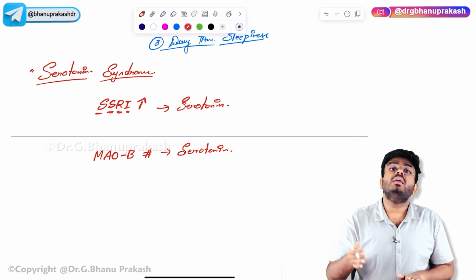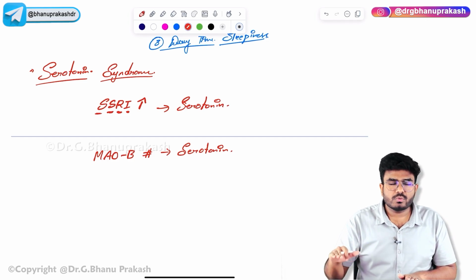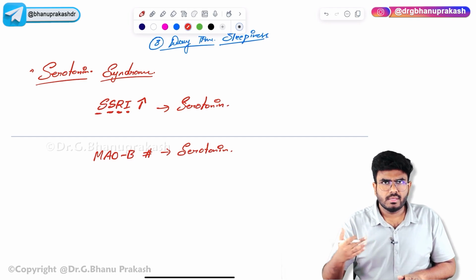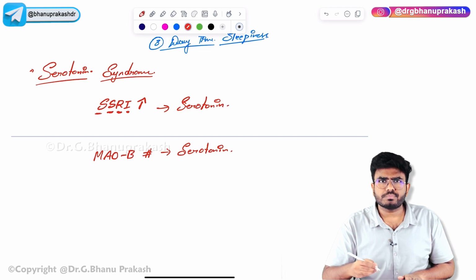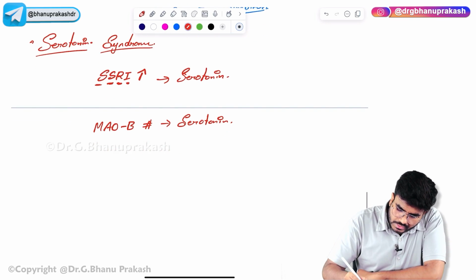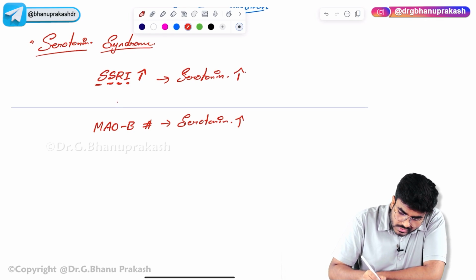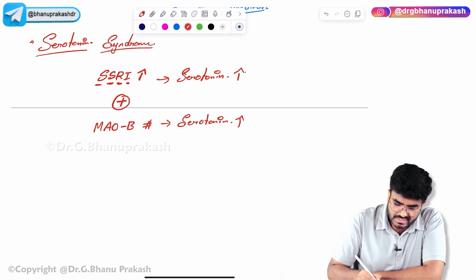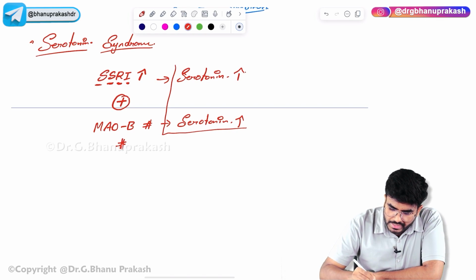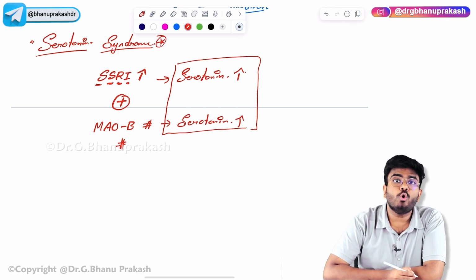But if you inhibit MAO-B, dopamine is going to elevate, no doubt, but serotonin will also be elevated. Serotonin is also a monoamine, dopamine is also a monoamine. So MAO-B inhibition increases serotonin, SSRI increases serotonin. So when you give this MAO-B inhibitor, salicylic, along with an SSRI, the patient is going to have super high levels of serotonin. That serotonin is going to cause a serotonin syndrome.